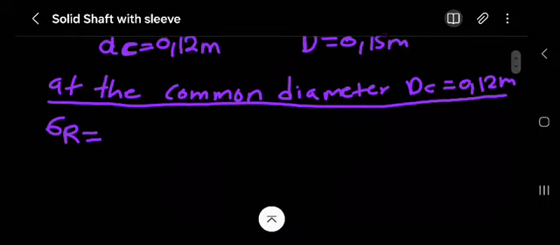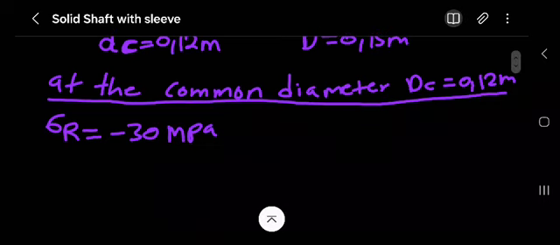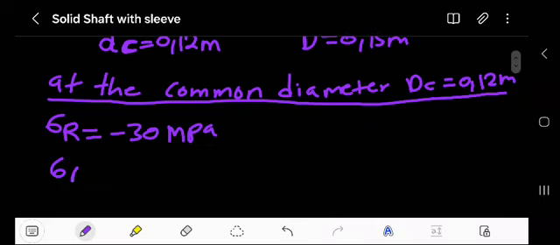But we know that the radial stress is given by a minus b over d squared.